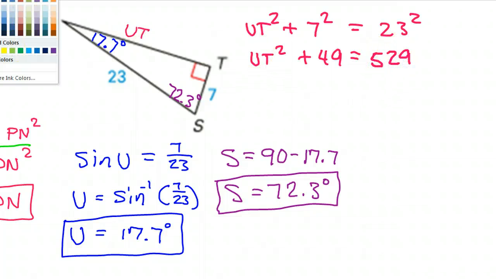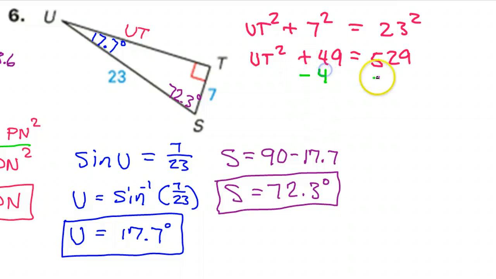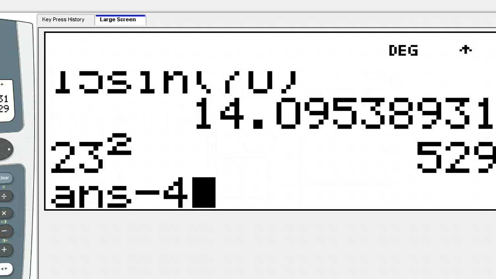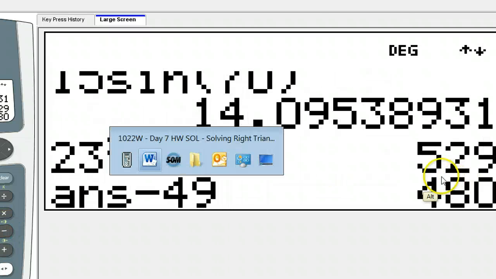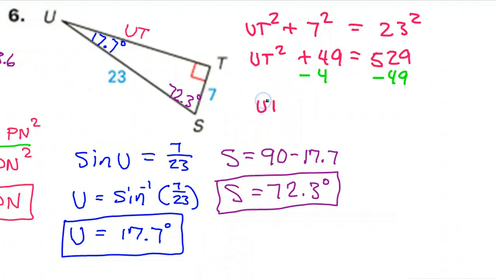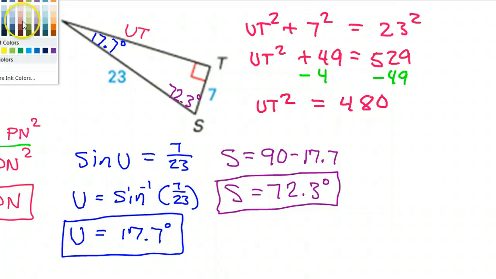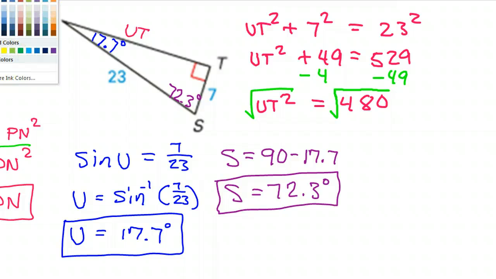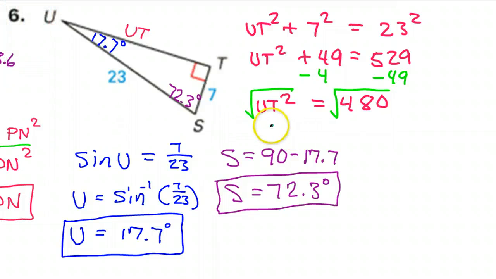All right, of course, subtract 49 from both sides. That's 480. So UT squared is equal to 480. Of course, to unsquare this, we will take the square root of both sides. Normally we'd have to do plus or minus here, but you can't have negative lengths, so we don't have to worry about it.